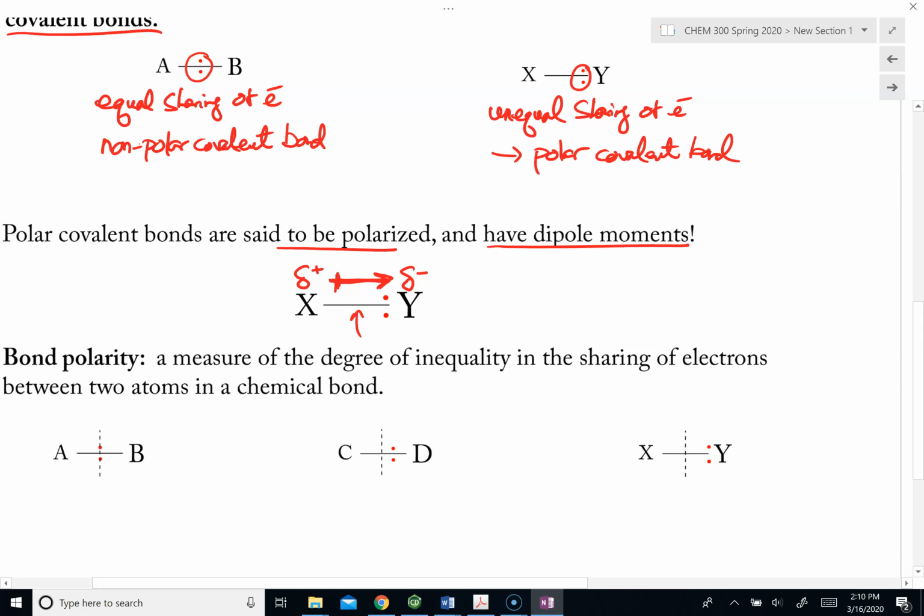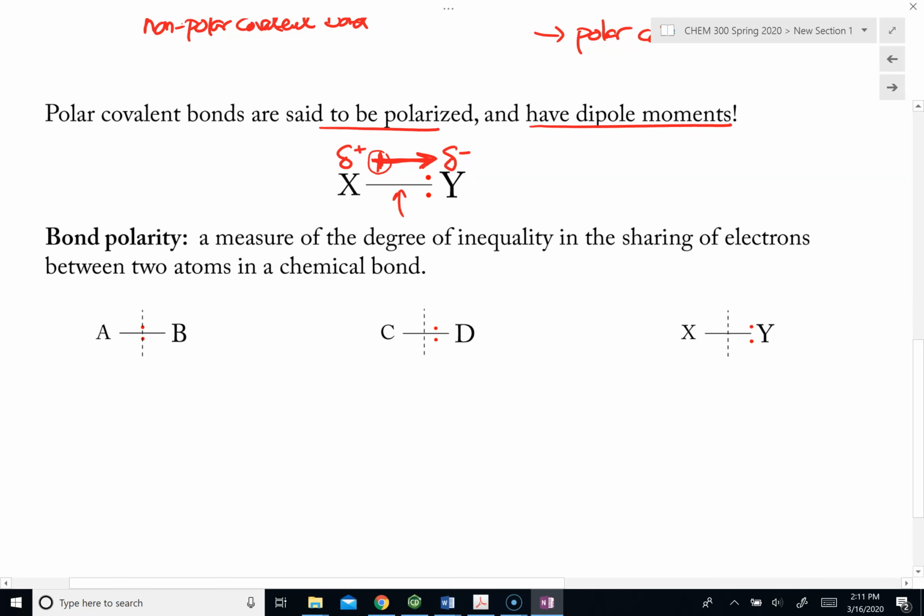So anytime we draw the dipole moment, the end where we have this half of a positive charge, whichever atom is on that side will be partially positive, and the atom on the other side, the one the arrow is pointing to, will become partially negative.